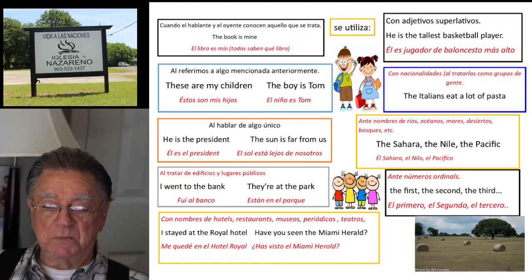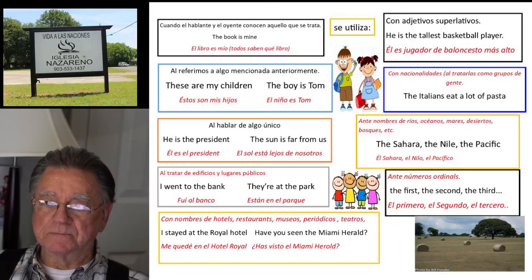In Spanish, el primero, el segundo, el tercero. And we use the first, the second, the third. And let's go on to the next page.